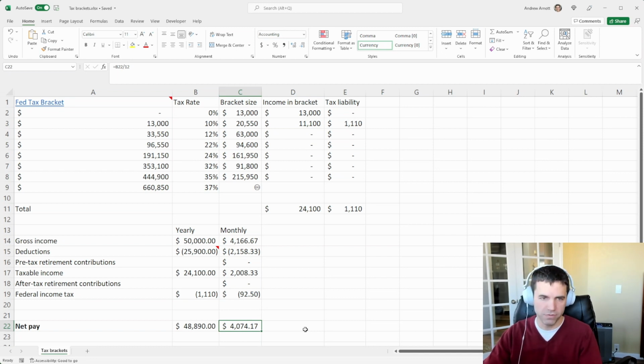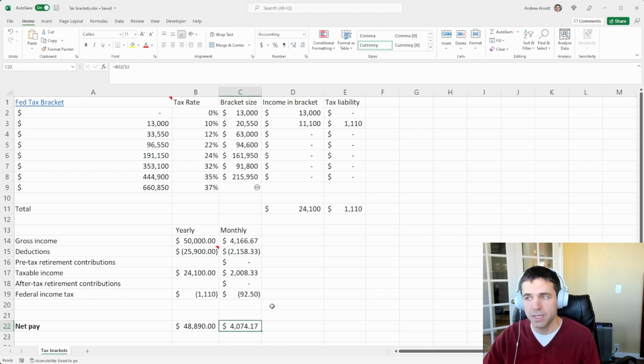Now, if there were no other complications, then the exact amount of money is being withheld, and when it comes time to file your tax return, you find out that you don't owe any taxes and you're not getting any taxes back. Things are rarely this simple, but we'll assume that they are because the point of the spreadsheet and learning about marginal and average tax rates is not to drill into those details.